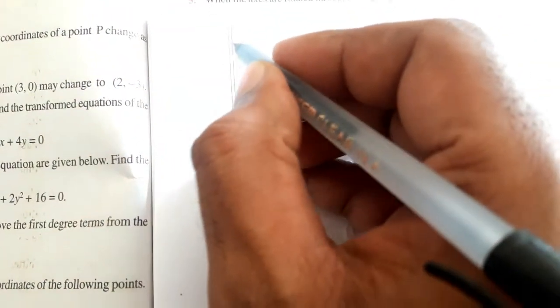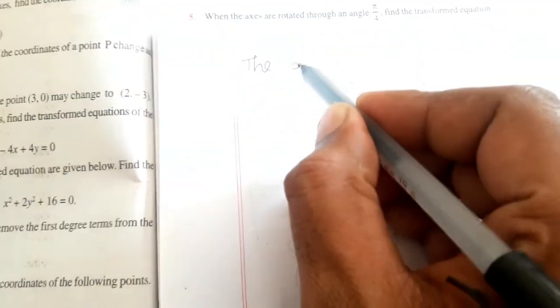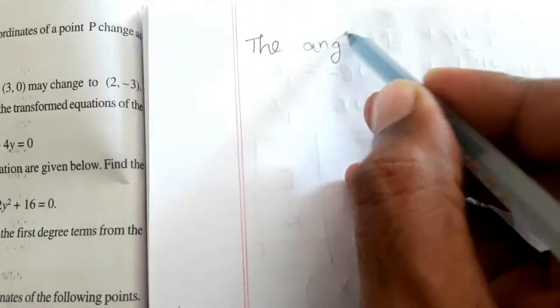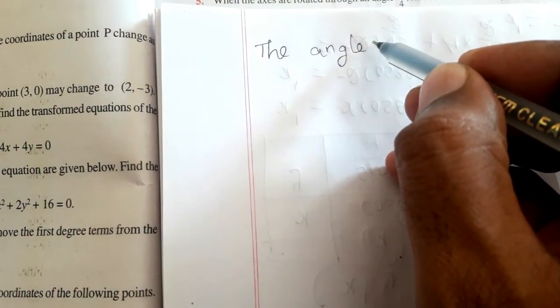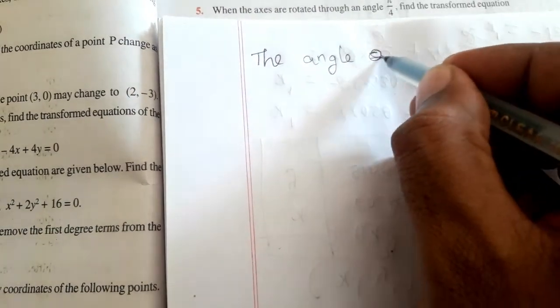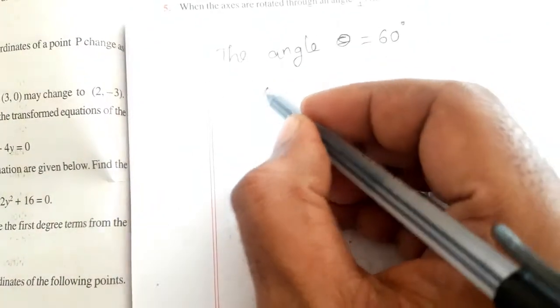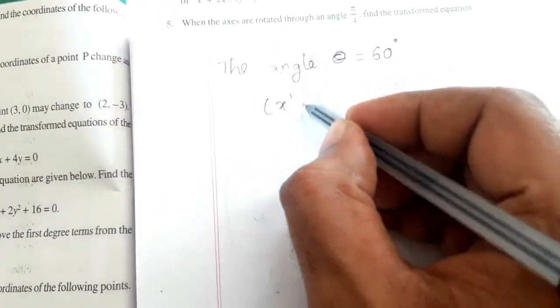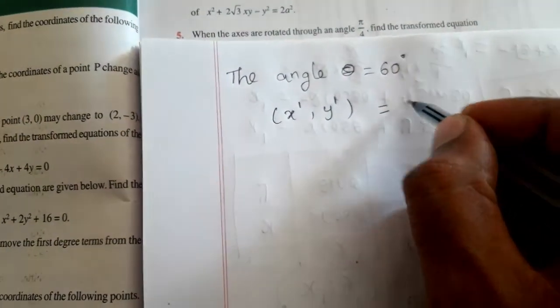So given the angle, theta is equal to how much given? 60 degrees is given, and new coordinates are given, that is x dash comma y dash. X dash y dash means new coordinates, so that is 3, 4.